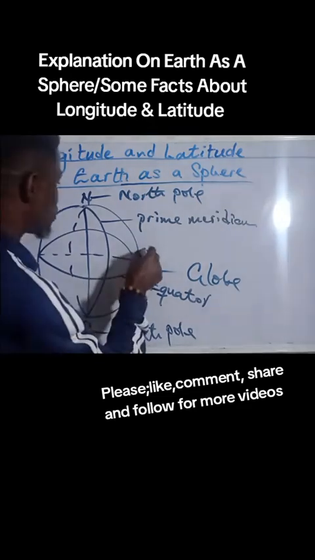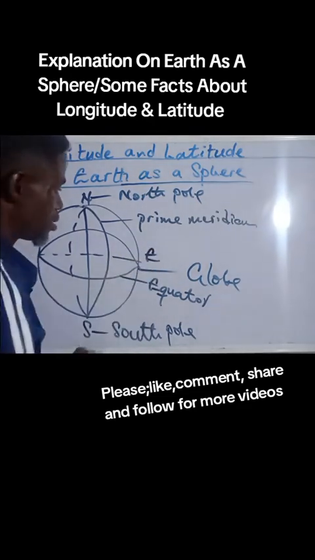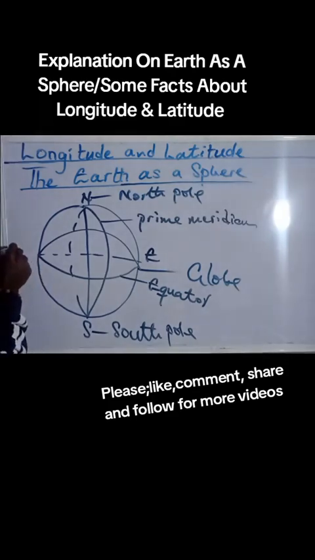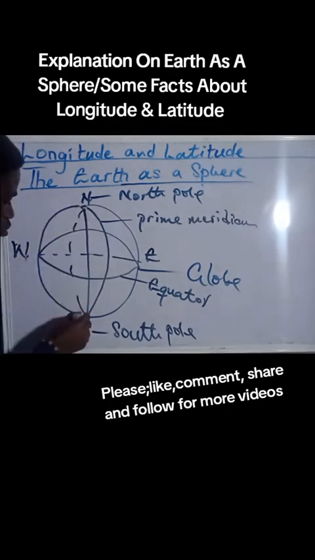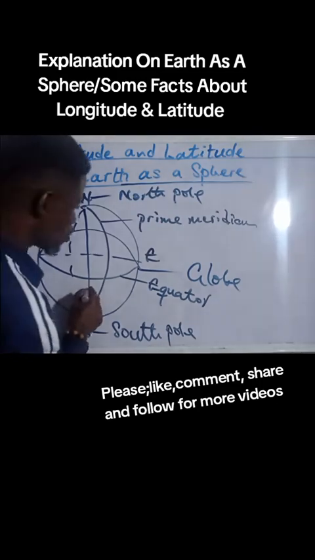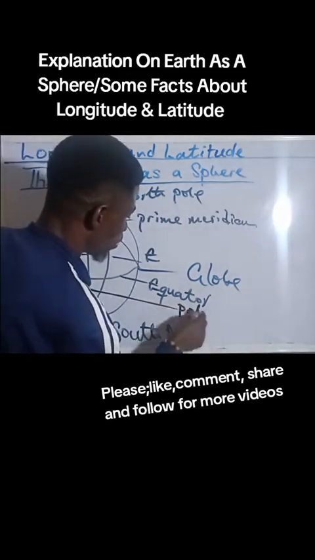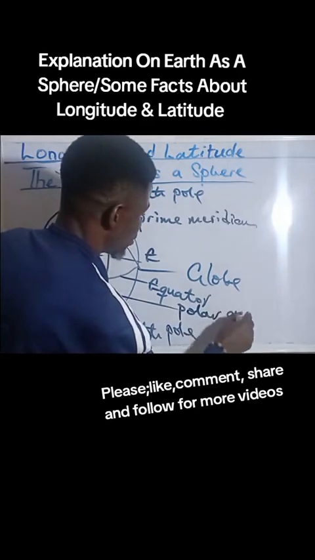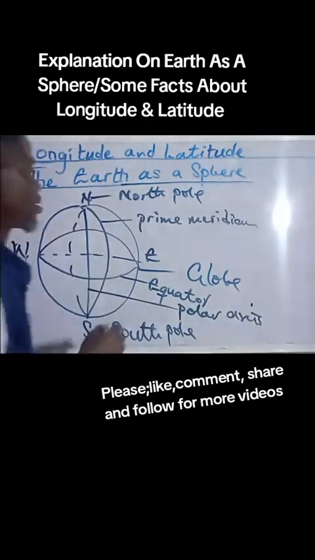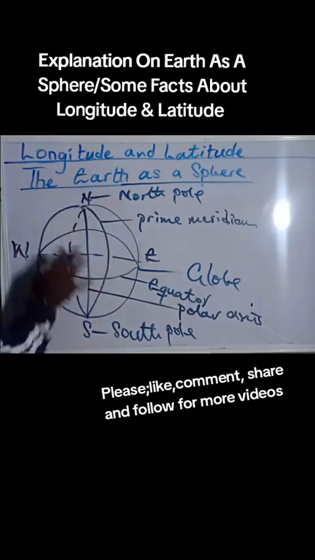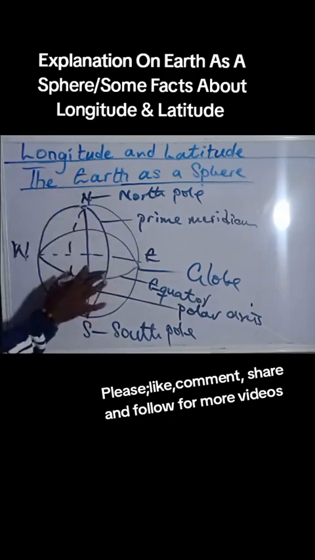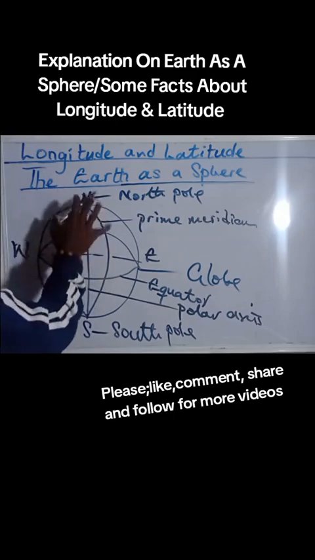And apart from that, this is the east side, and this is the west side. Okay? And this line to this line is known as the polar axis. Are you getting it? So these are the things that contain an Earth.